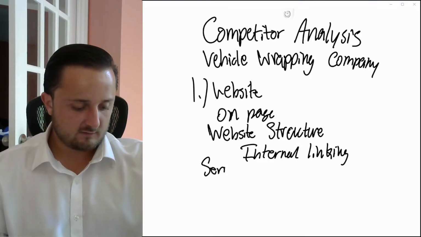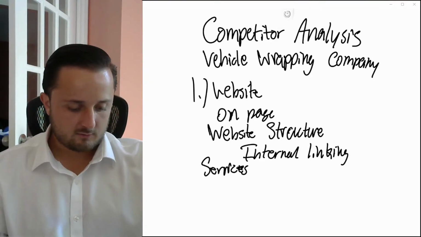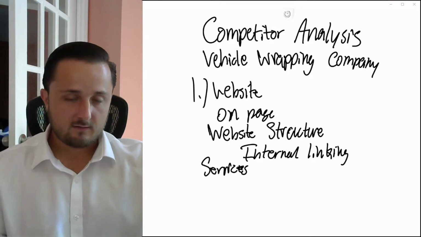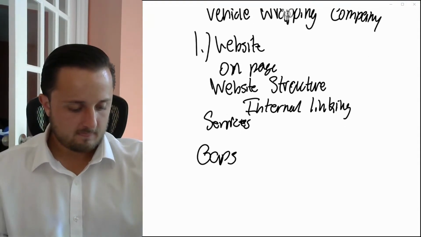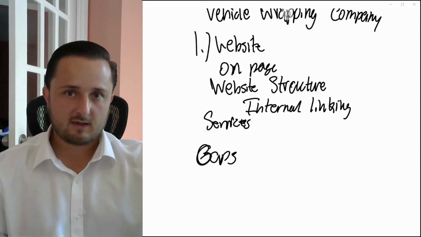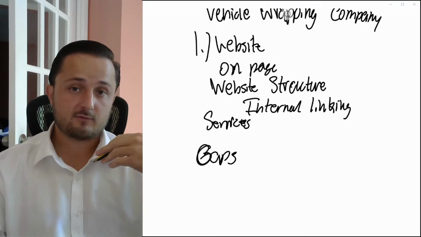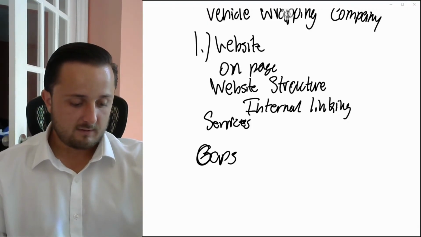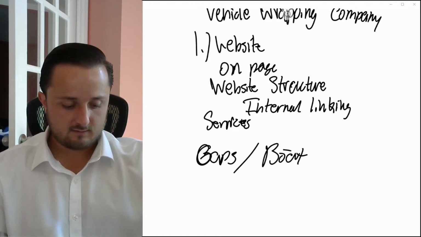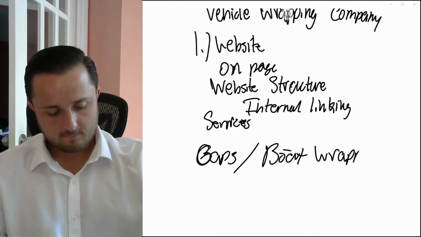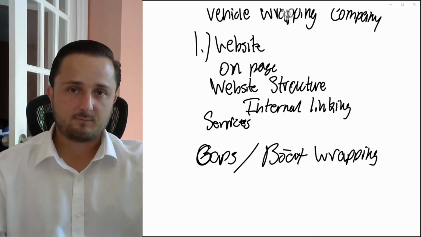What services are they currently targeting? Then, are there any gaps in their website for us to have an opportunity to rank for? Maybe not everyone has a dedicated boat wrapping page.